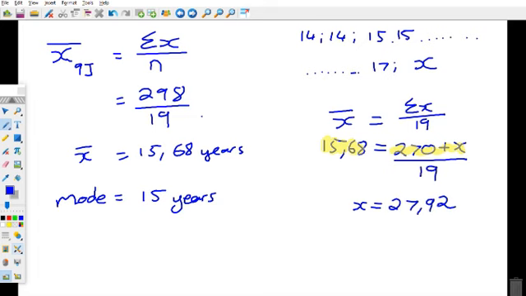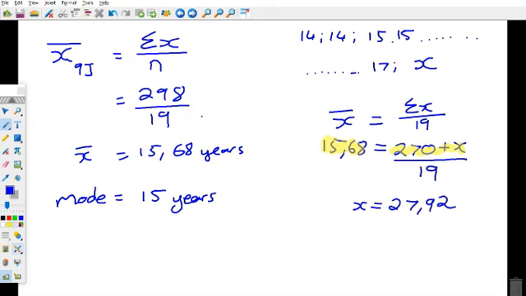So if I put this in now, tell me this. When I was counting up everything, I didn't put 27.92, I put in 28. Why is it that when we work backwards I got something a bit different?